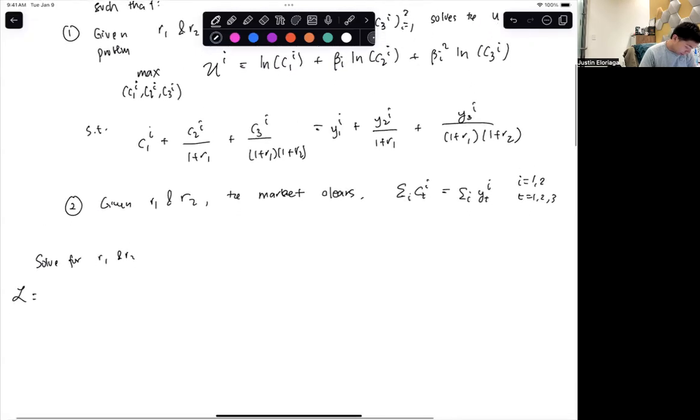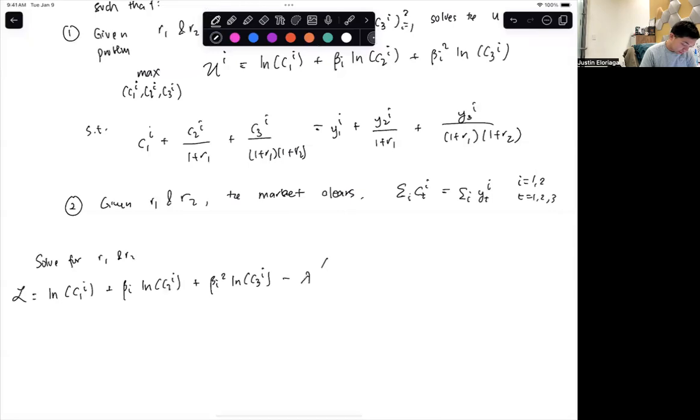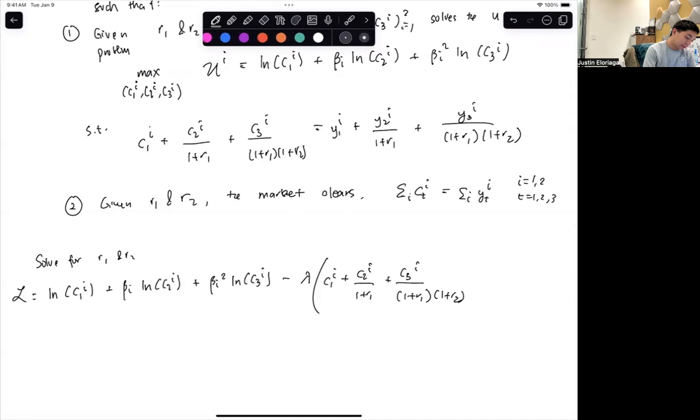From the Lagrangian, we have ln C1i plus beta i ln C2i plus beta i squared ln C3i, minus lambda times the quantity C1i plus C2i over 1 plus R1 plus C3i over (1 plus R1)(1 plus R2), minus the income terms. I'm going to let this entire thing be equal to star.